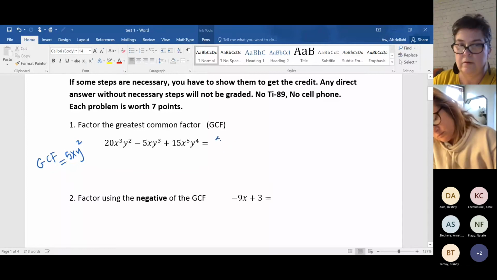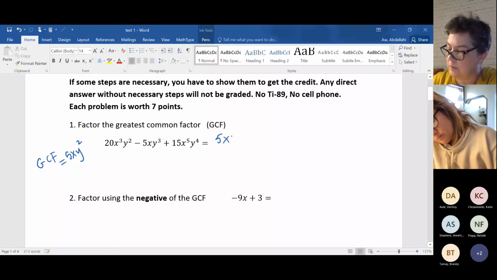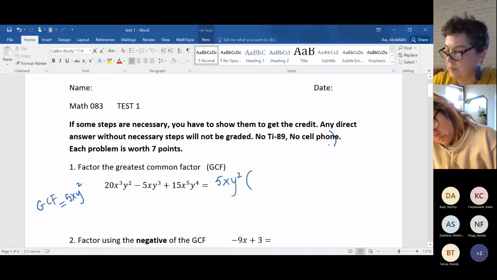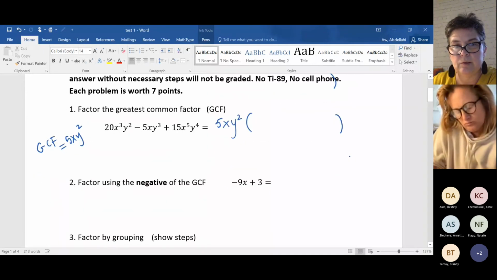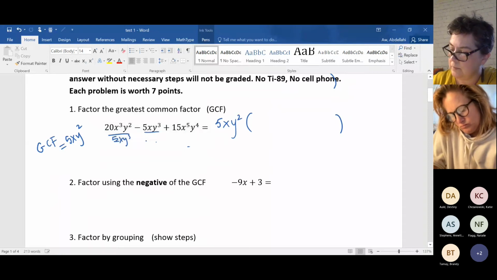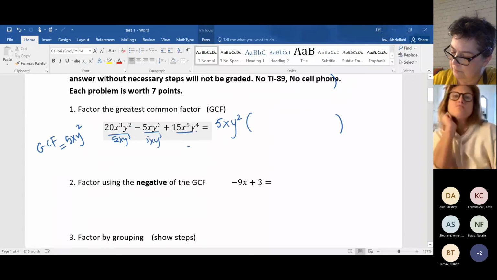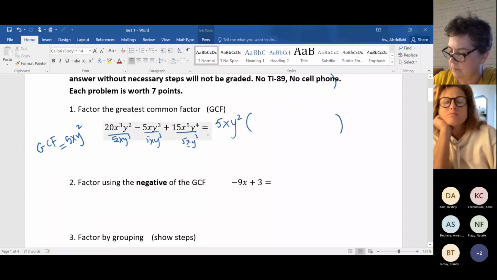I always put the GCF right here, okay? Then I open my parentheses, and I will always have as many terms as the original. You see here I have 1, 2, 3, so I will have 1, 2, 3 in the parentheses. How do I get them? I divide by the GCF, 5xy squared, each term.